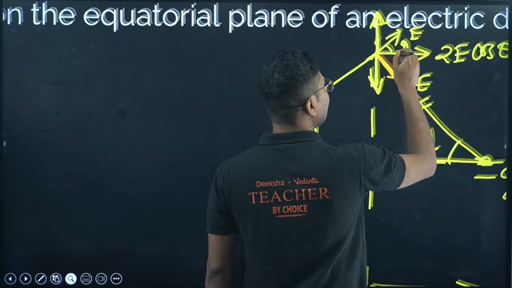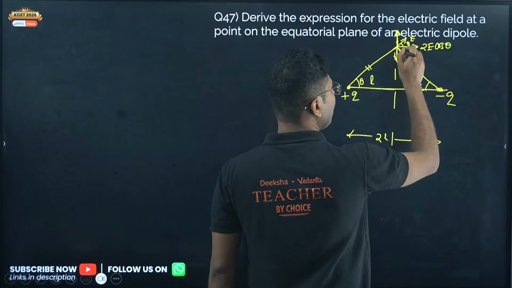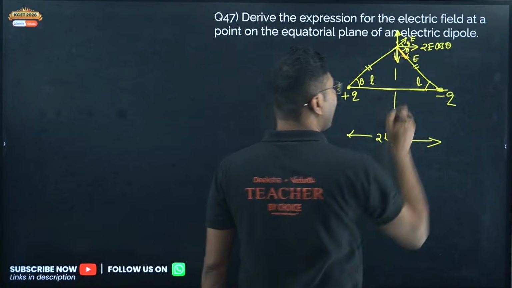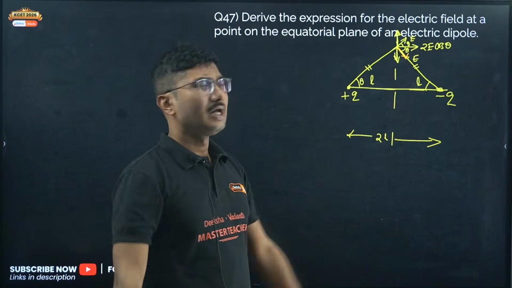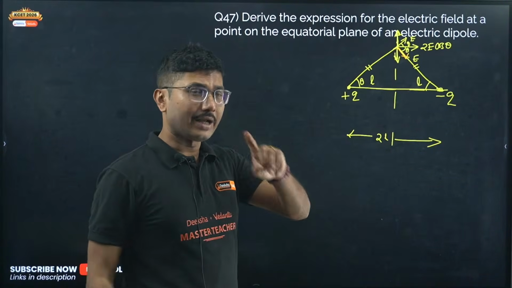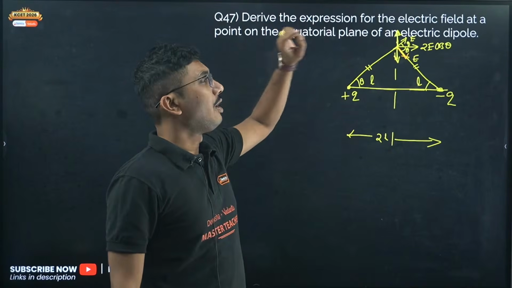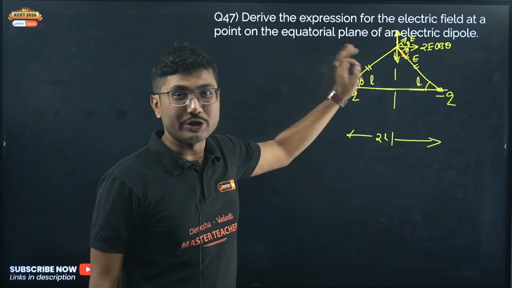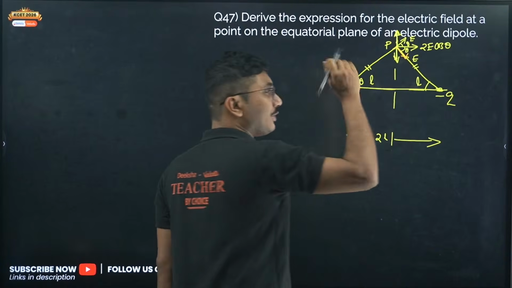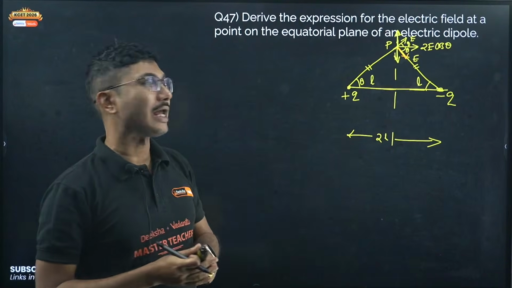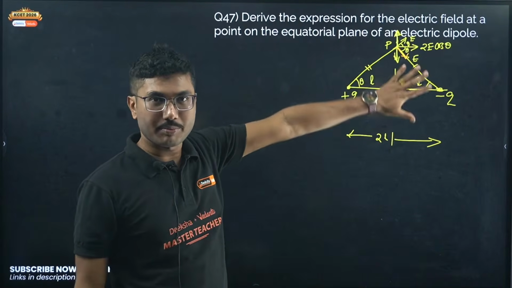Do write the description of the diagram. You have to write the description of the diagram briefly. You can write that the dipole is there as shown in the diagram. If you mention at least that, as shown in the diagram, sometimes it can be considered that you have explained properly.